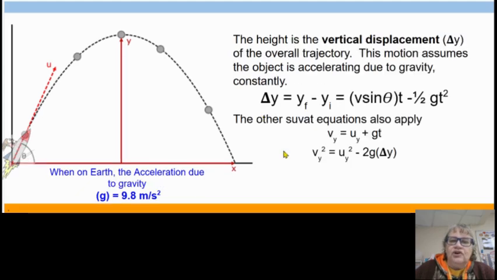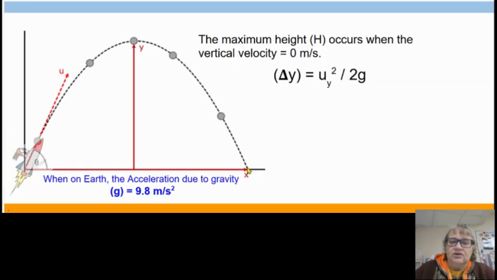So if we go back to our ending velocity squared equals beginning velocity squared minus 2 times g times the vertical displacement, and you work that through, you get that the vertical displacement, the height, is equal to the beginning displacement in the y direction.